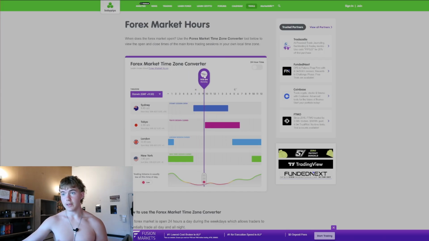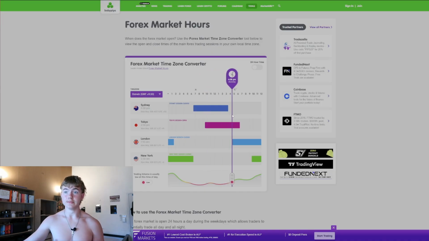So the Asia's banks open at whatever time, and you're going to need to remember this to mark out on your chart. So maybe write this down. Then London session is going to open at 4:30 p.m. my time. And I'm only going to trade this until 6:30 at the latest, because I don't want to be going when it's just London session.